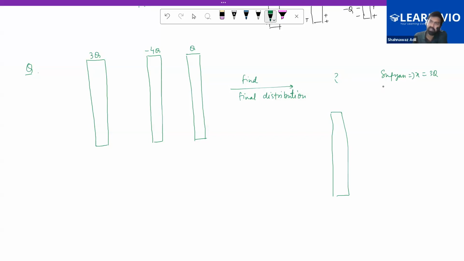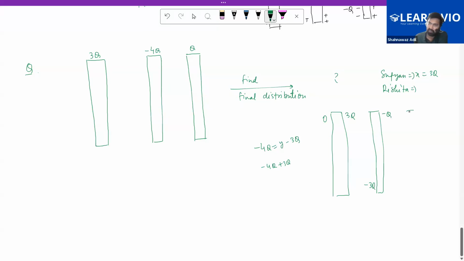Rishita, what did you get? So I'm still doing it. Yeah, Sufyan, what you tried to reach: you are getting 3Q on this side, which means there is zero charge. If this is 3Q, then this would be minus 3Q. Minus 4Q is, let's say, Y minus 3Q, so this is minus 4Q plus 3Q, so minus Q on this side.